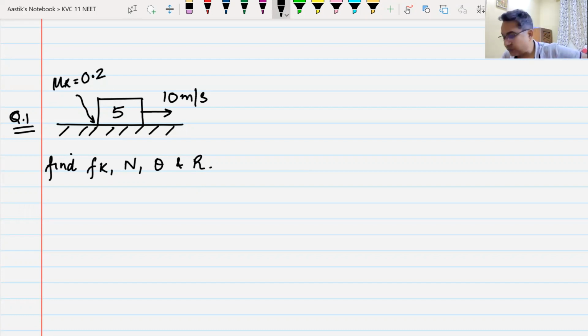As you can see, the body is moving, so the friction is kinetic. You have to tell me the magnitude. You have to tell me the direction. You have to find out the value of normal reaction. You have to find out the value of theta. What is theta here? What is this theta I've written?